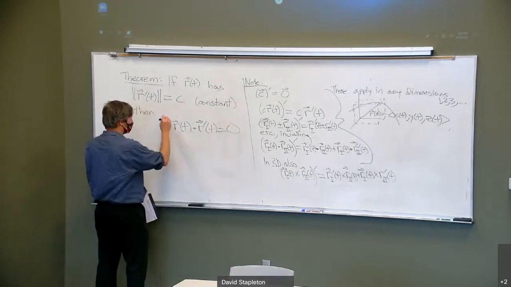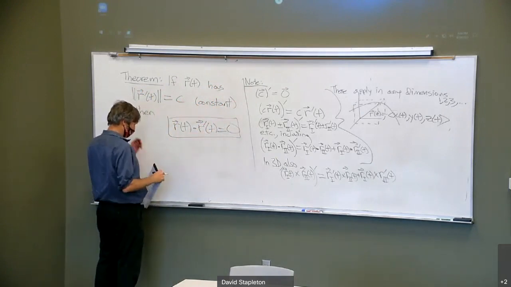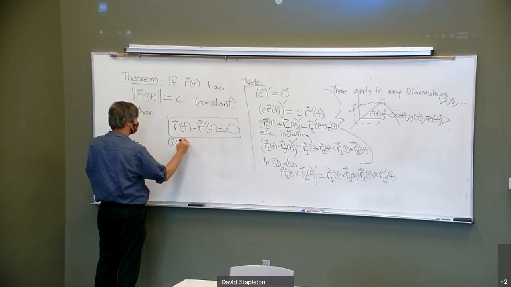In other words, the position vector is perpendicular to the tangent vector. Right? Dot product equals 0 means they're orthogonal. Means they're either non-zero and perpendicular, or at least one of them is a zero vector.